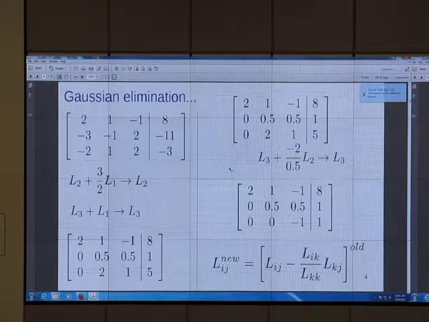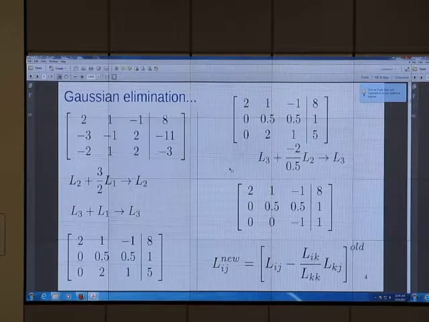So if the right side changes, we have to redo the whole elimination for the right side. Good? So whatever we do with the left, we have to do on the right. So you see this thing, we have L2 plus 3/2 L1 becomes the new L2. See that? So this operation has to be done on the whole line.